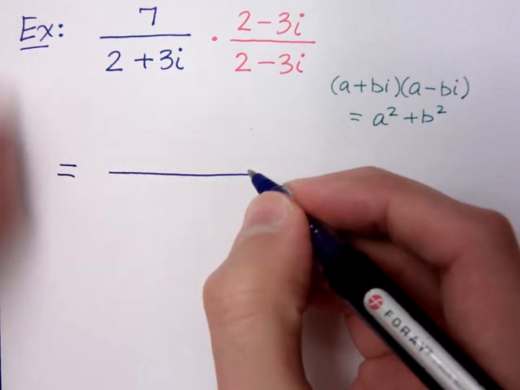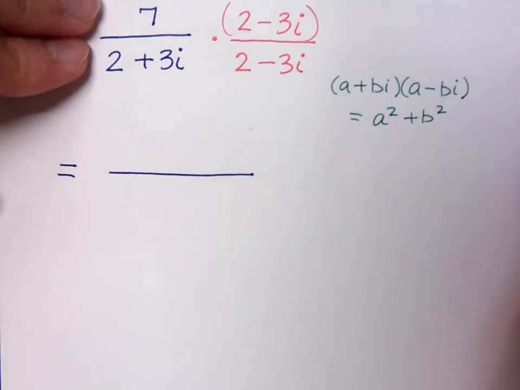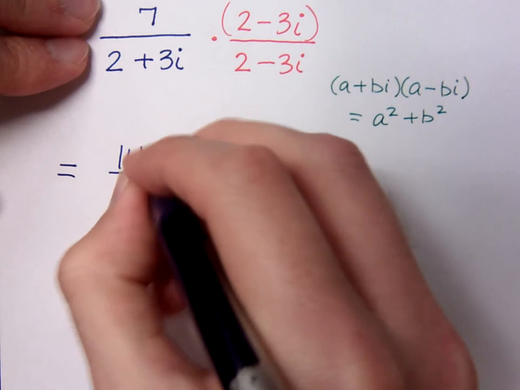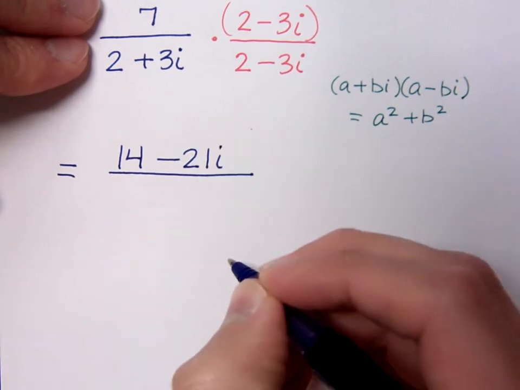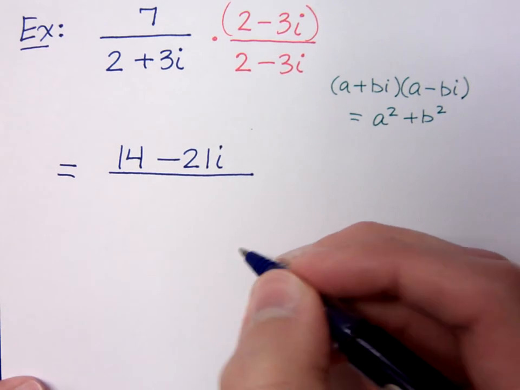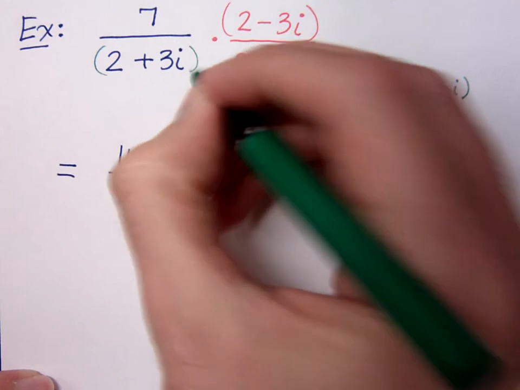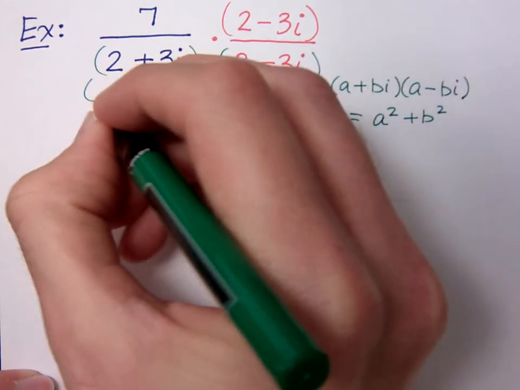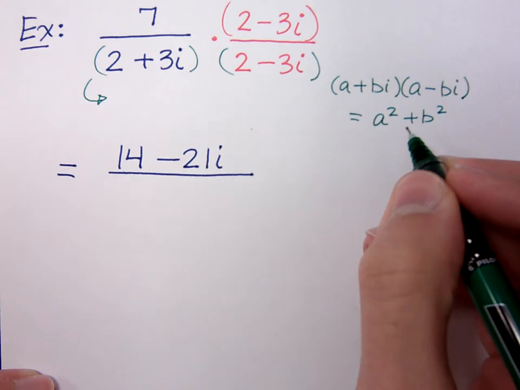In the numerator, you're just going to distribute, so you're going to have 14 minus 21i. In the denominator, that may be something you just want to kind of scratch out on the side. When I multiply these two guys together, I'm supposed to have the sum of squares. I know that. I'm setting it up this way.